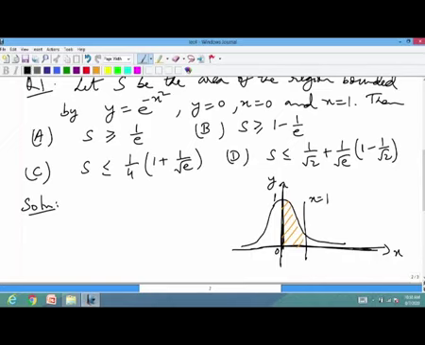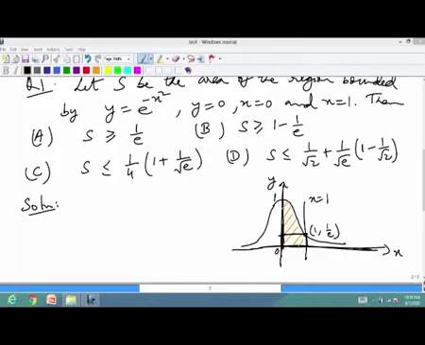Now, if we see what is this value, at x equal to 1, e to the minus x square will give 1 by e. So, this point is 1 comma 1 by e. So, clearly we can see that this area is bigger than equal to the area of this rectangle, which is equal to 1 by e times this is 1.